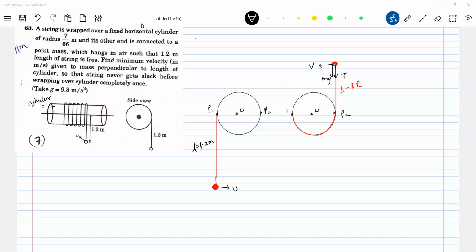Tension 0 means the string will just be straight. What do you mean by slack? Slack means here it will be like this. Even this is slack. Here the tension is just 0 and it will be straight. It can happen like this also. This will be slack. Okay.